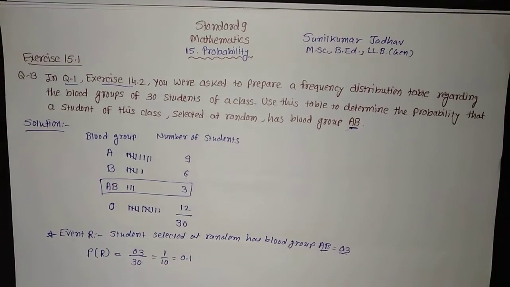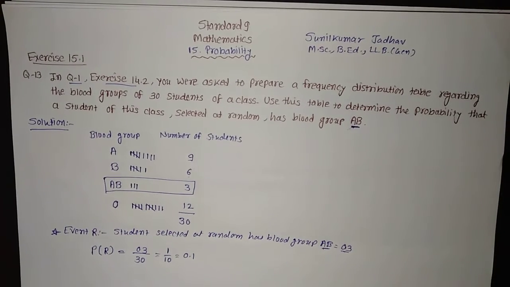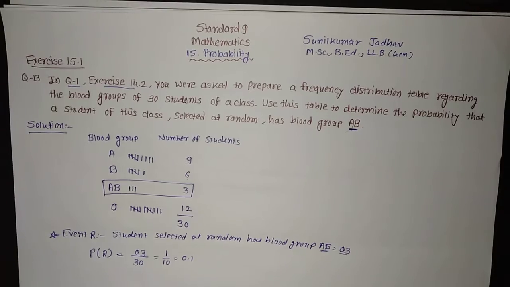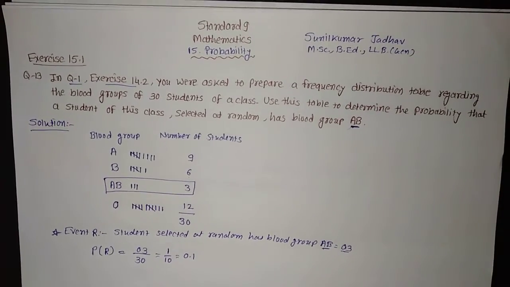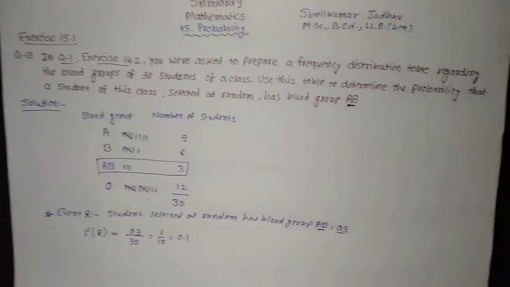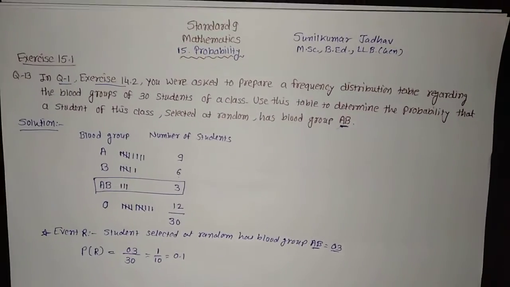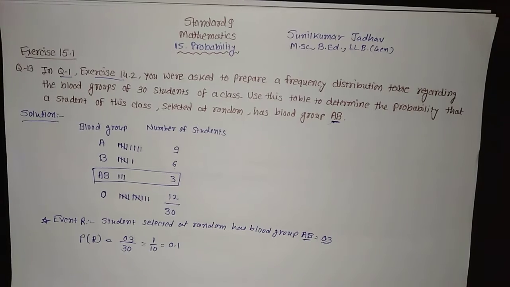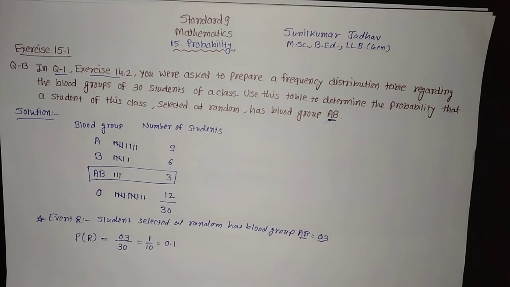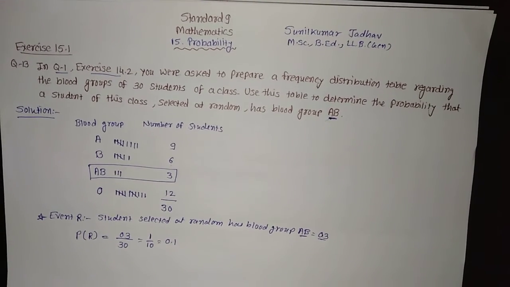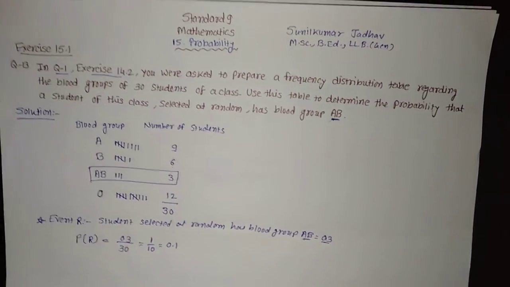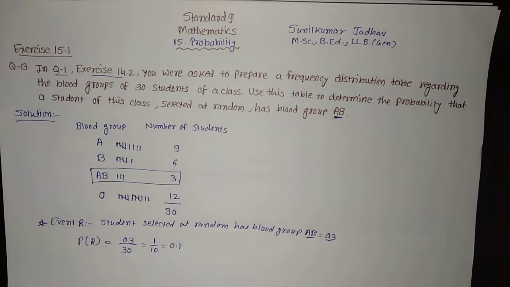So here we have ended this particular chapter. All the questions' solutions from exercise 15.1 I have shown. Before starting the exercise, we saw the basic things related to this chapter, probability. I hope you have also seen that video. If you have not seen the earlier videos, then see all those videos first and then come to this video, so you can easily solve this exercise and get full marks in this chapter, chapter number 15, probability.